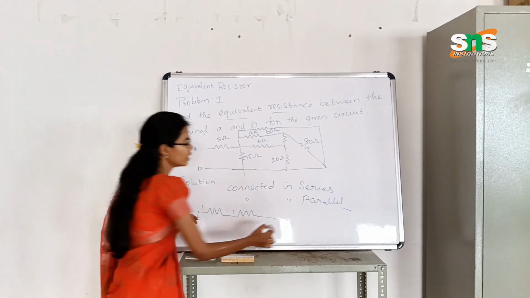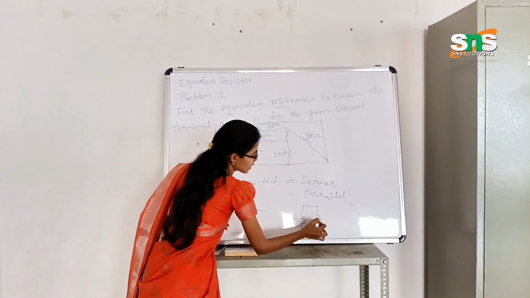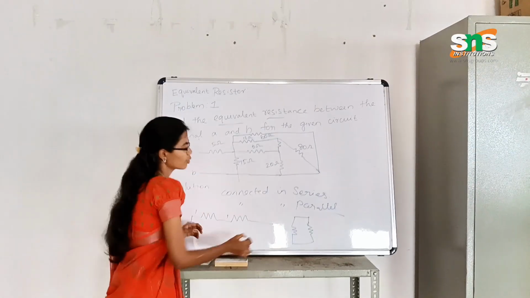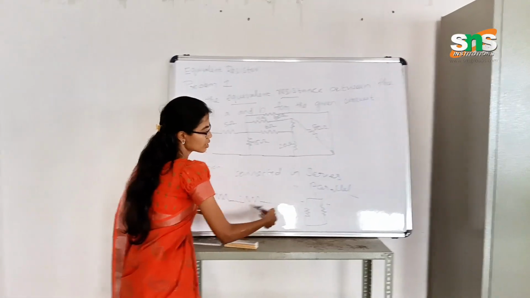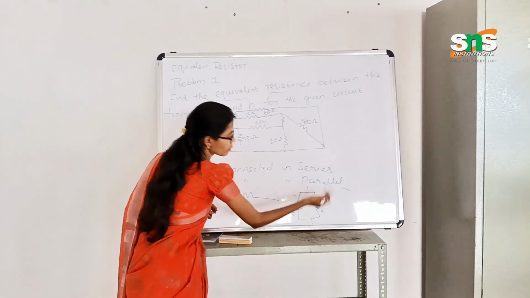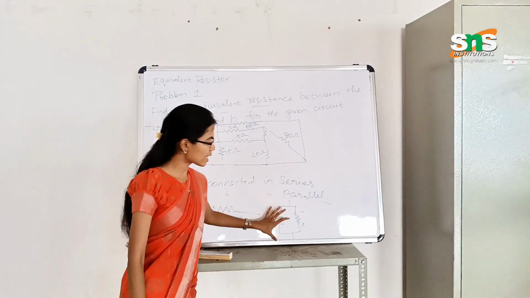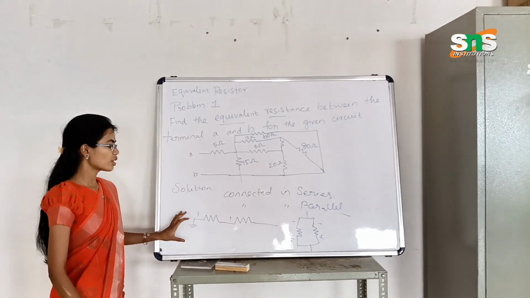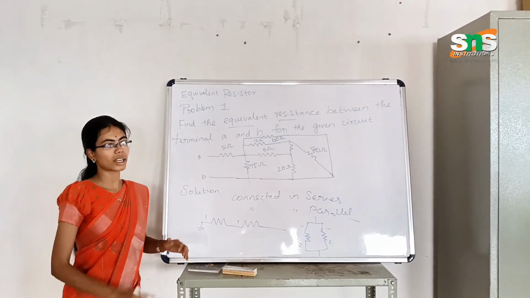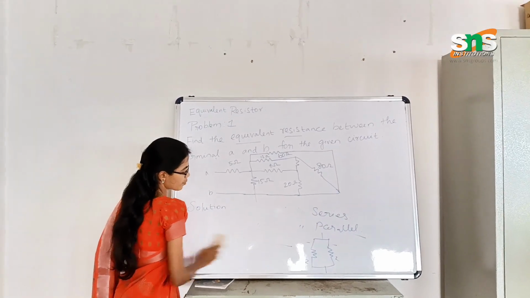But in parallel, 2 resistors are connected with each other, so that one and one terminals are connected across these 2 resistors and 2 and 2 terminals are connected across these 2 resistors. Each resistance connected between the 2 terminals is called connected in parallel. Likewise, we have n number of series and parallel connections.